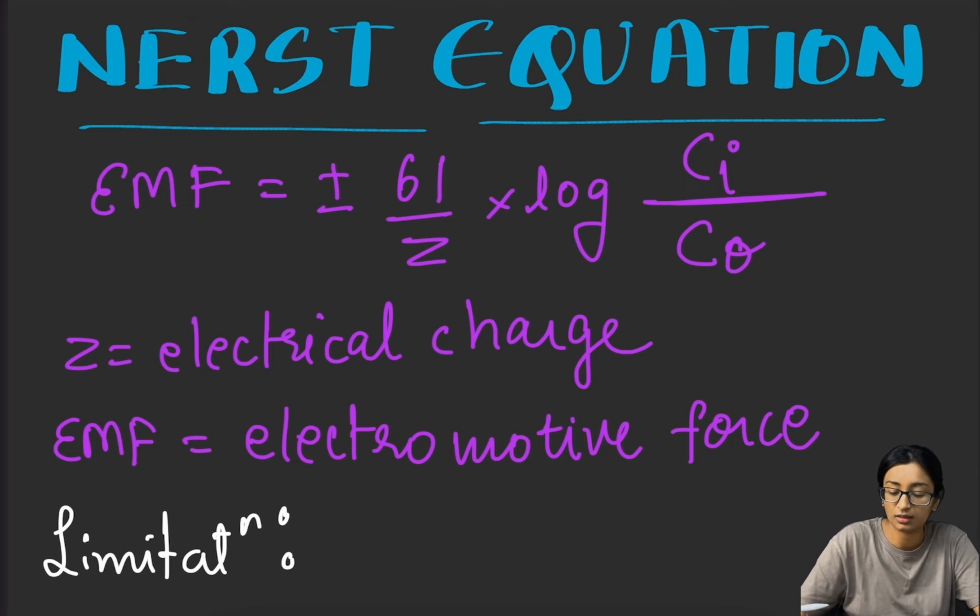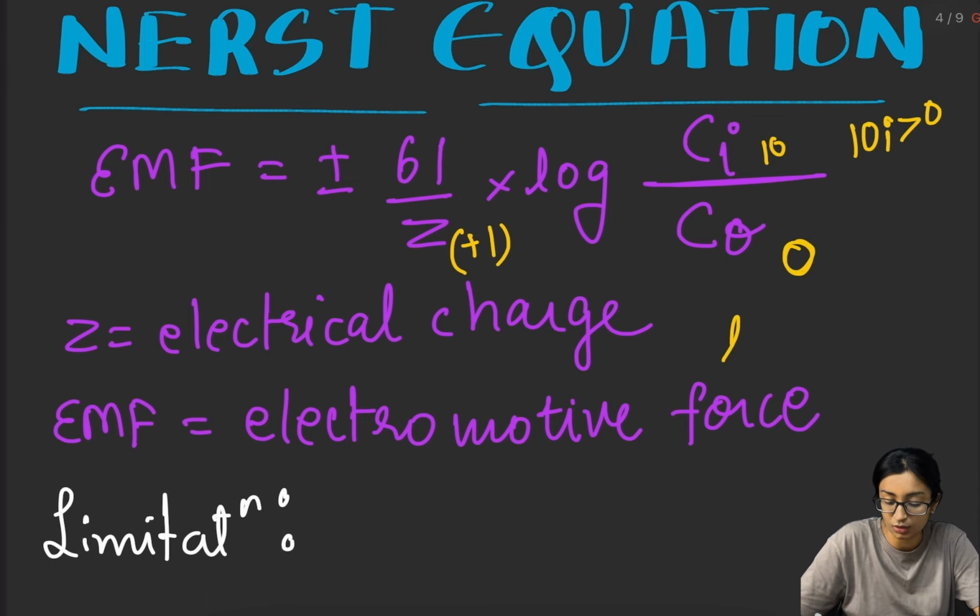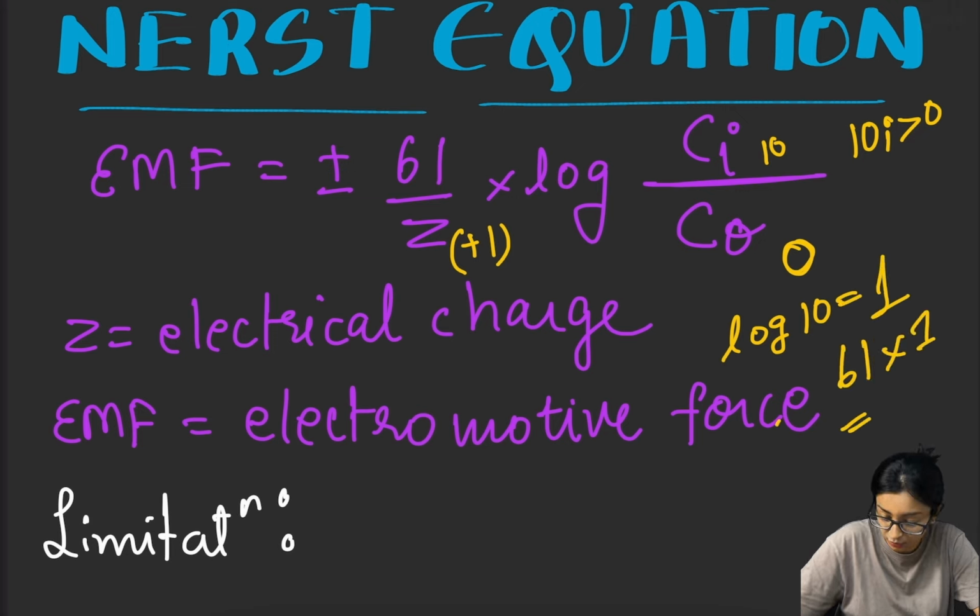Taking a hypothetical example where inside is 10 times more than outside for potassium, Z here will be plus 1, concentration inside will be 10, and outside is usually taken as 1. So log of 10 comes out to be 1, and 61 into 1 gives 61. That is, the electromotive force for potassium here will be 61 millivolts. This is the hypothetical answer.